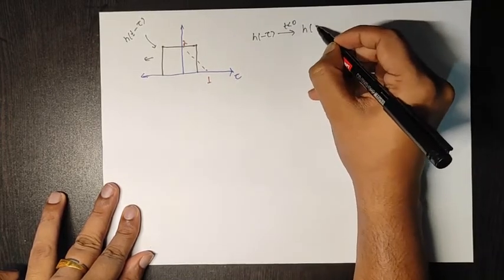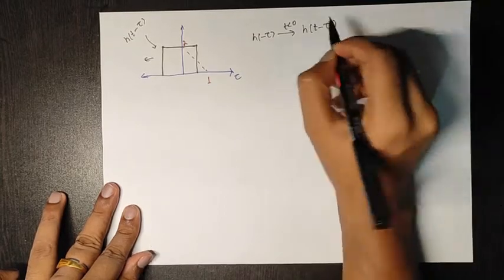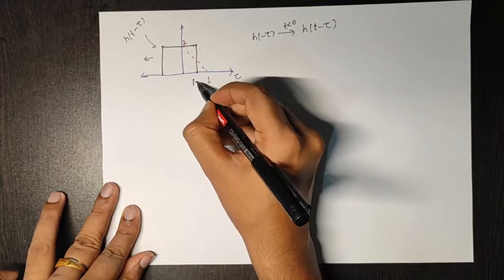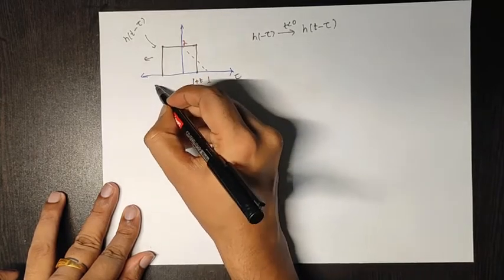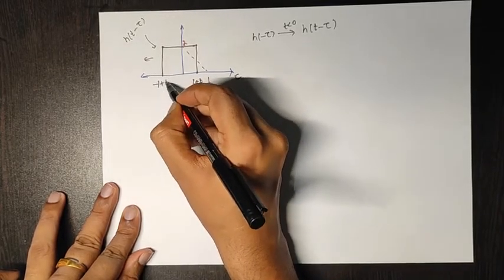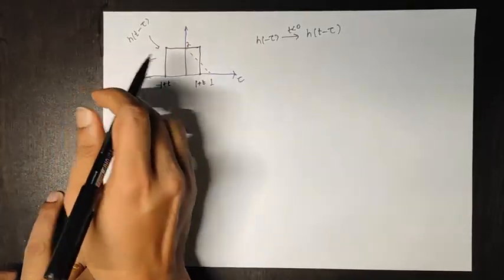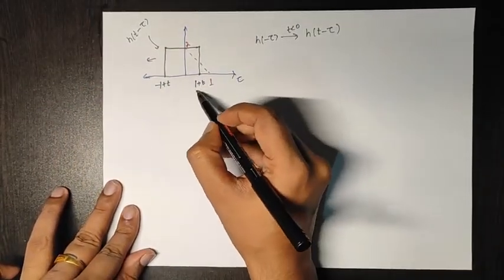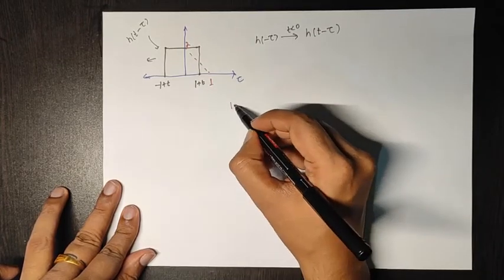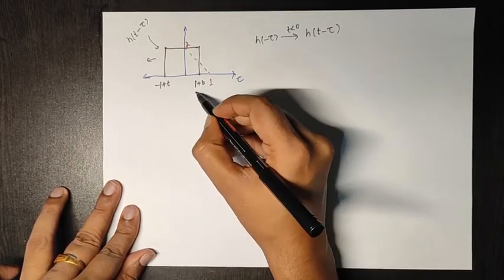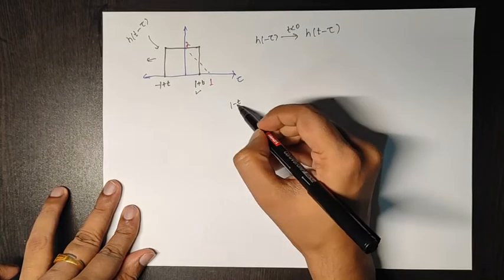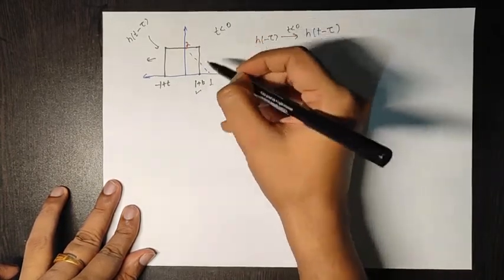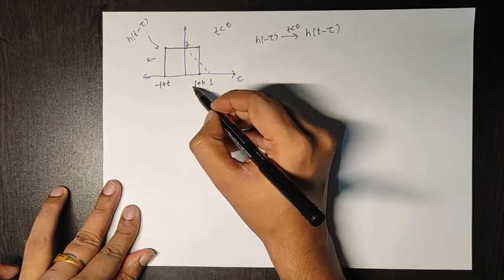For leftward shifting, this new coordinate is 1 plus t and this new coordinate is minus 1 plus t. One might ask why it is 1 plus t; it should have been 1 minus t. But it will be 1 plus t only, because t is already a negative value, since we are considering t less than 0, so t will already subtract from 1.